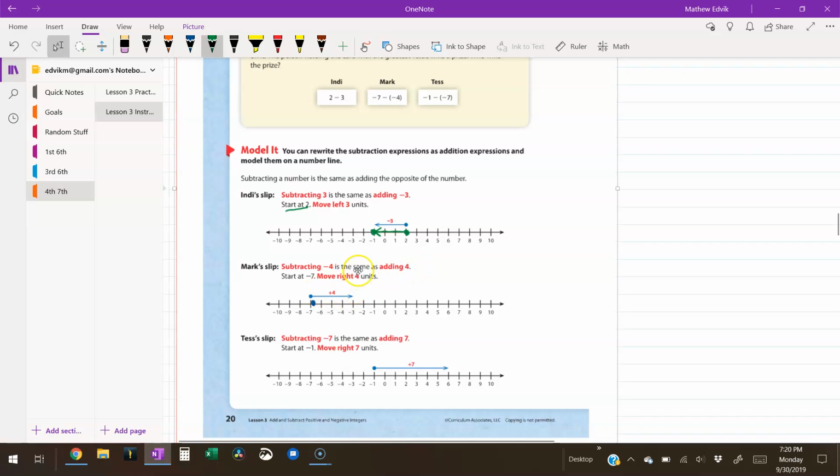So you're going to move to the right 4. So if you see 2 subtraction signs, it's like you've got the opposite of 7, which is negative 7, and the opposite of the opposite of, and then you've got the opposite of 4, which is negative 4, and the opposite of that is positive 4.